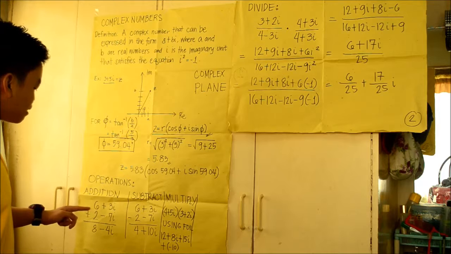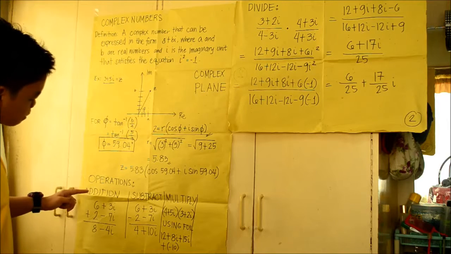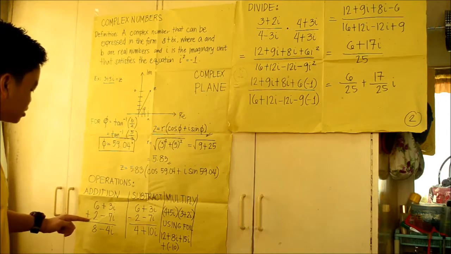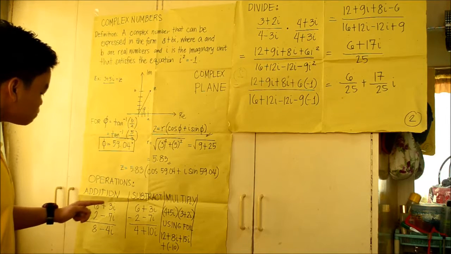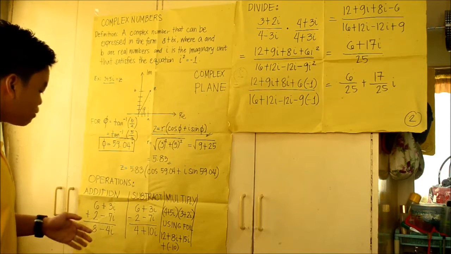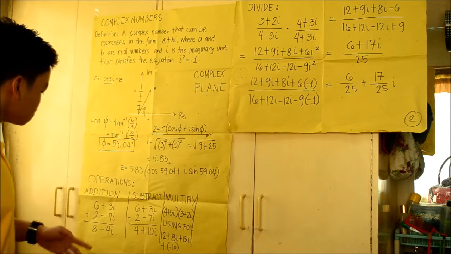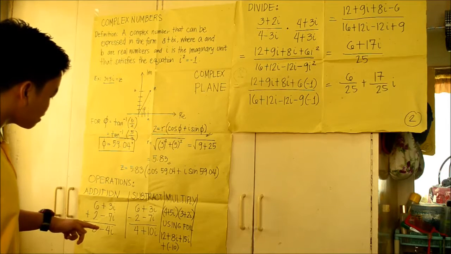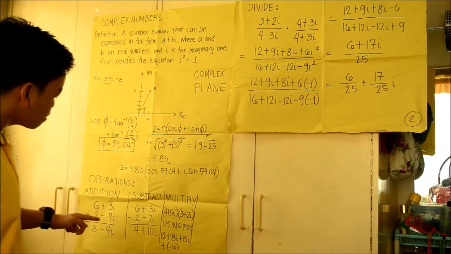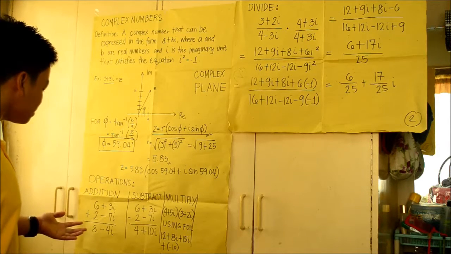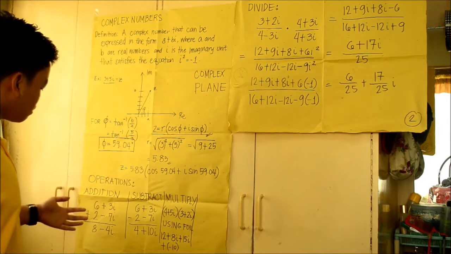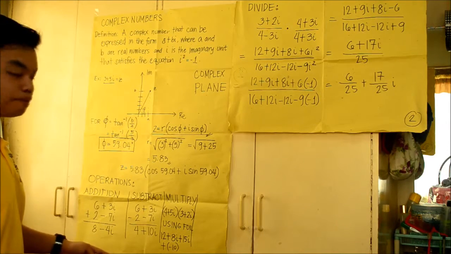We will first add the real numbers: 6 plus 2 is equal to 8. Then 3i plus negative 7i, we will follow the rules in addition or subtraction. So we will get the answer minus 4i. So the answer for this addition is 8 minus 4i.